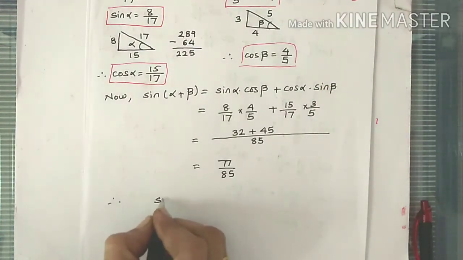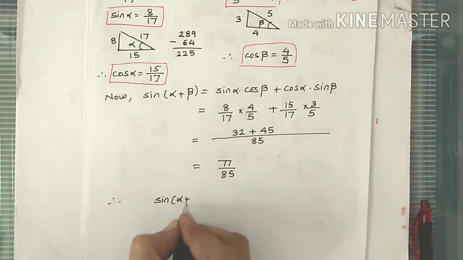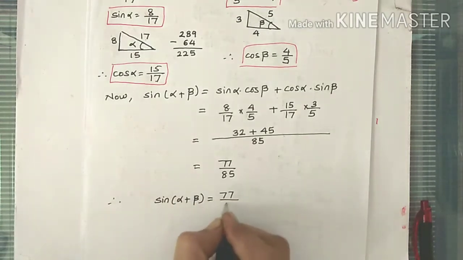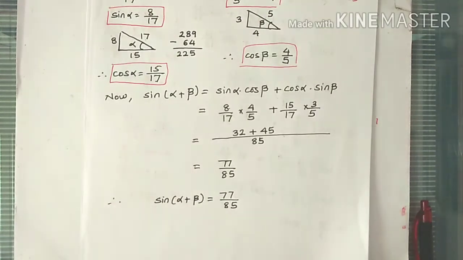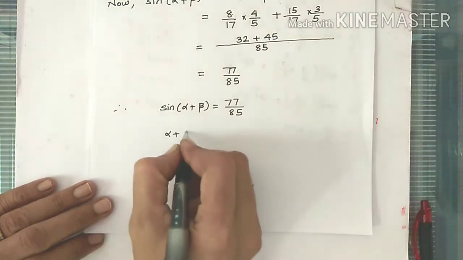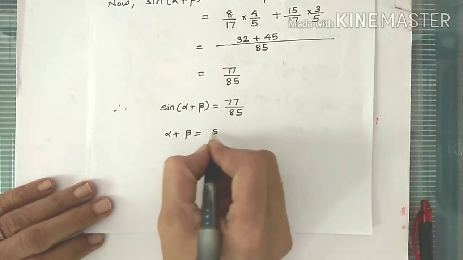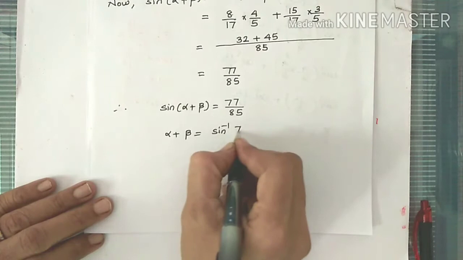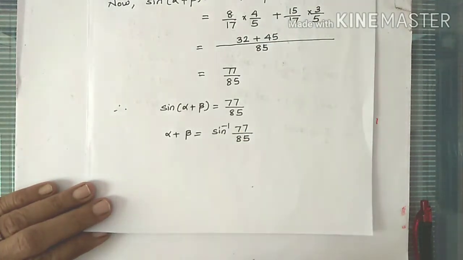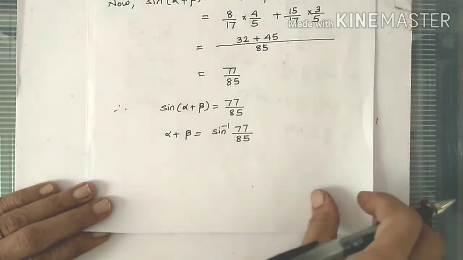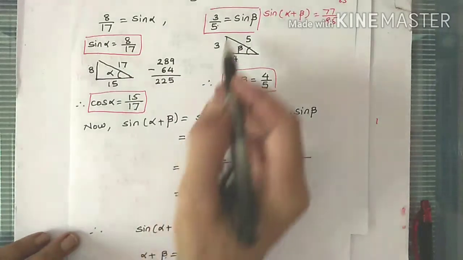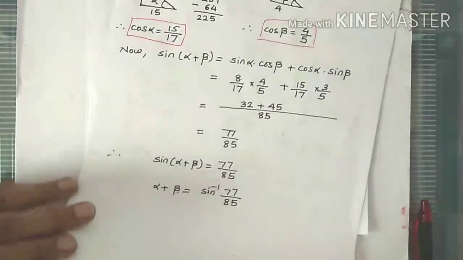So we get sin of alpha plus beta equal to 77 by 85. That means, writing this sin on the right hand side, we have alpha plus beta equal to sin inverse of 77 by 85. But what is alpha? Alpha is sin inverse of 8 by 17 and beta is sin inverse of 3 by 5.